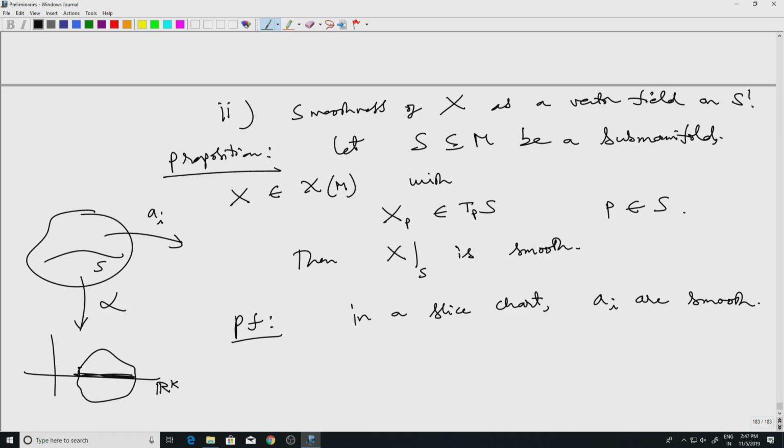Well, if the a_i are smooth on this, then using this slice chart, it's easy to see that the a_i restricted to S are smooth as well.